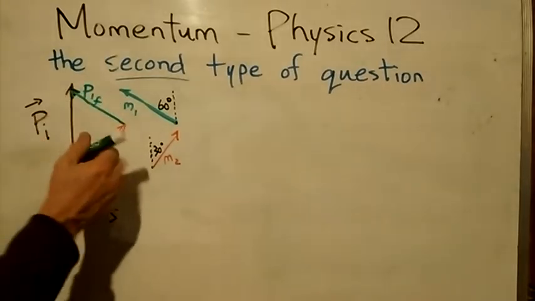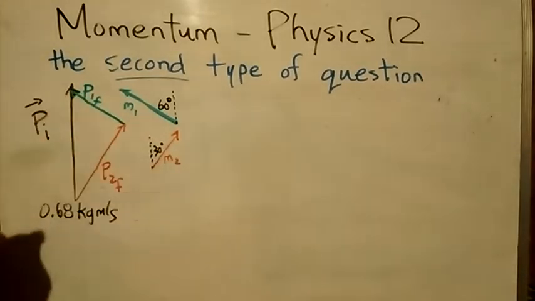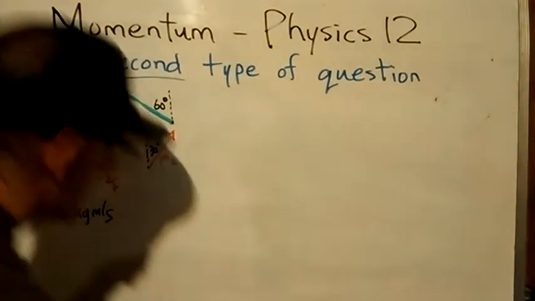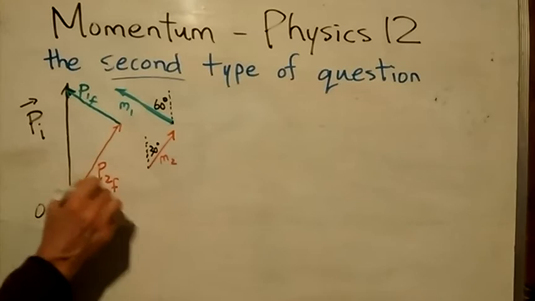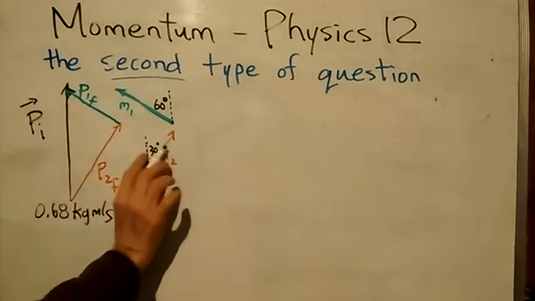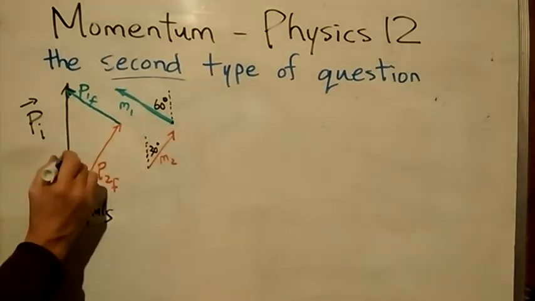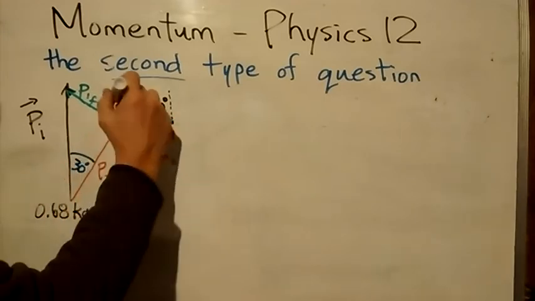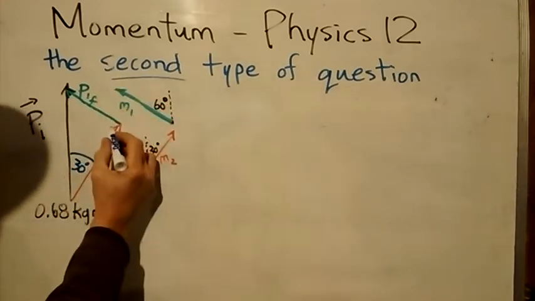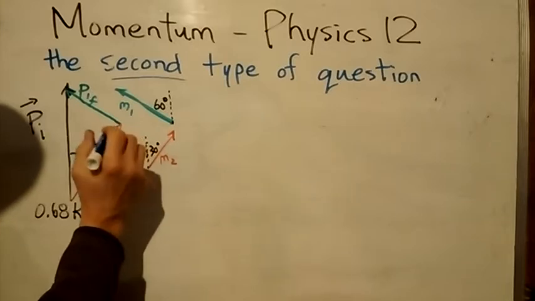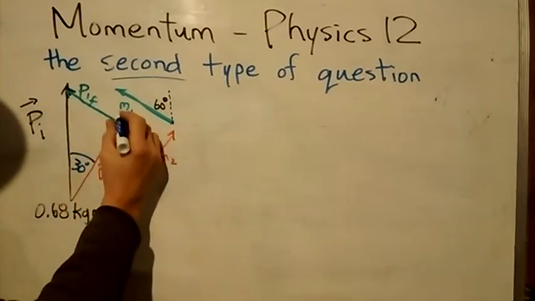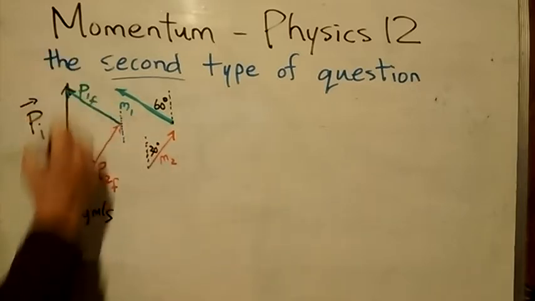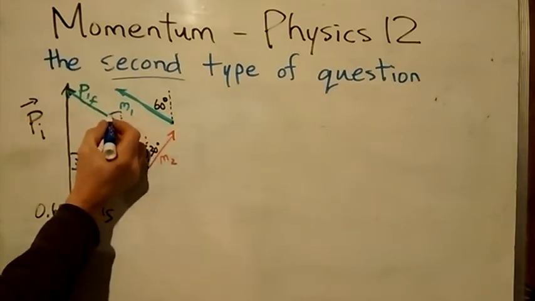And you may be wondering, well, how do you know that they're at 90 degrees? Well, we've got this one, P2 final, which is that mass going in that direction, at 30 degrees. And right where that vector ends, so right where P2 final ends, if I was to draw a north-south line just like this one, it would be off at 60 degrees.